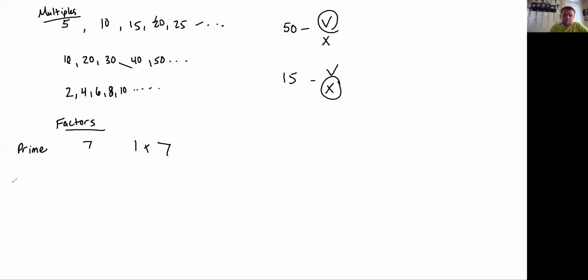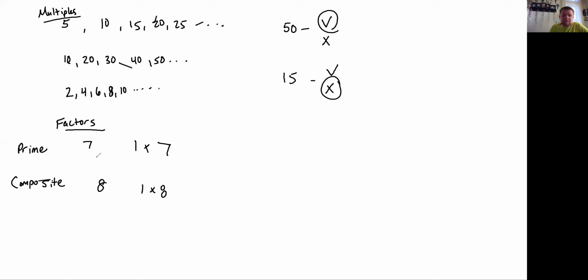Composite numbers are not prime. That means you have something other than just 1 in the number that can multiply to get your given value. So for instance, let's say 8. If I ask you for the factors of 8, you can get 8 by doing 1 times 8. And that's going to be true for any number. At the very least, you could do 1 times the number.